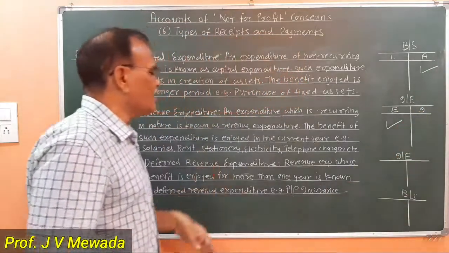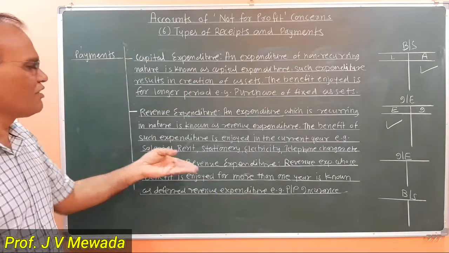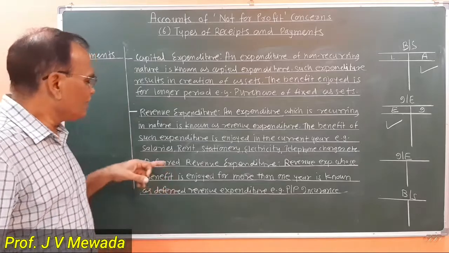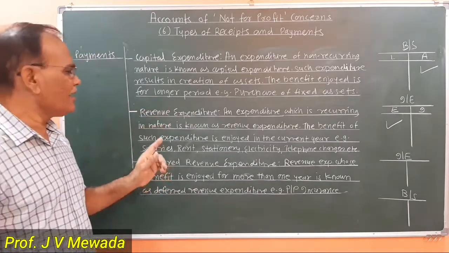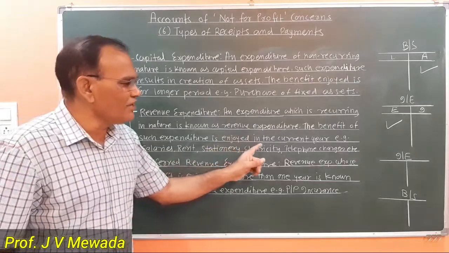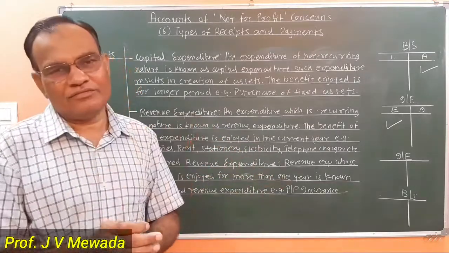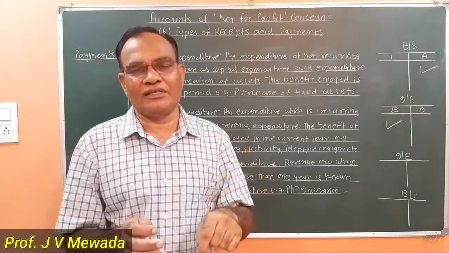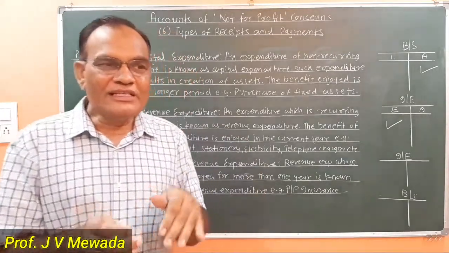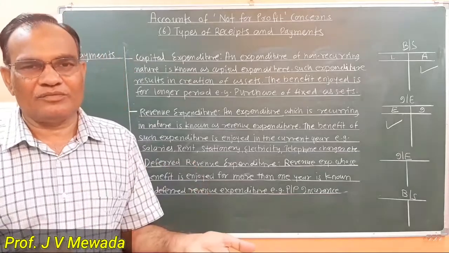Then there is a third type of classification which is known as the deferred revenue expenditure. Now it is a part of the revenue expenditure. So revenue expenditure, as I told you, the benefit is enjoyed in the current year only. But sometimes we are making a payment of revenue expenditure whose benefit is extended in the next year.